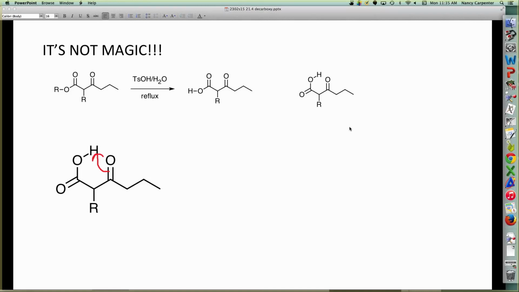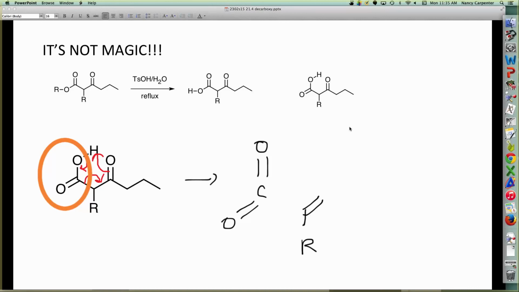Well then, a pericyclic reaction can take place just like a reverse Diels-Alder. So that gives me loss of my CO2 right here plus that enol, which of course tautomerizes straight away to the ketone.